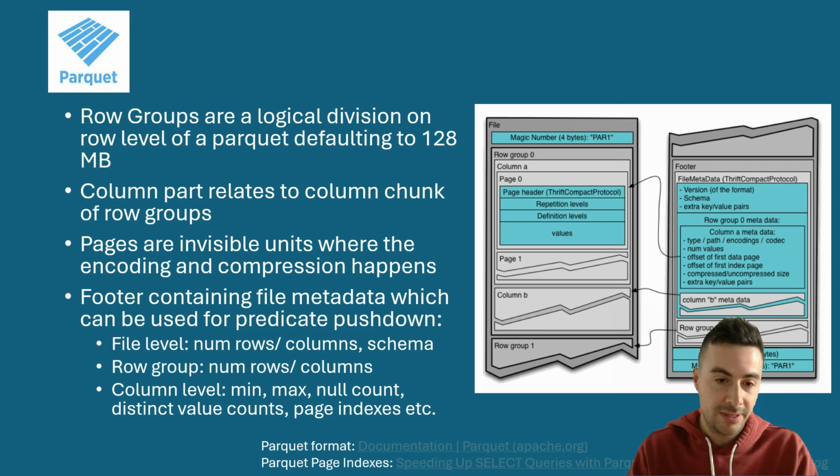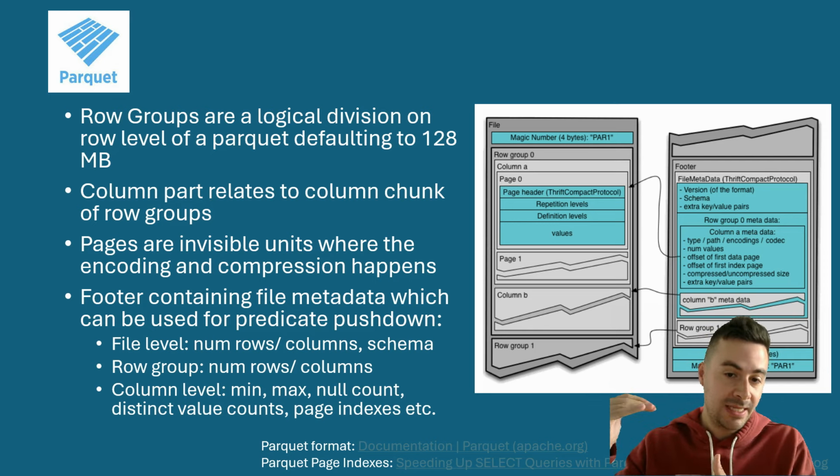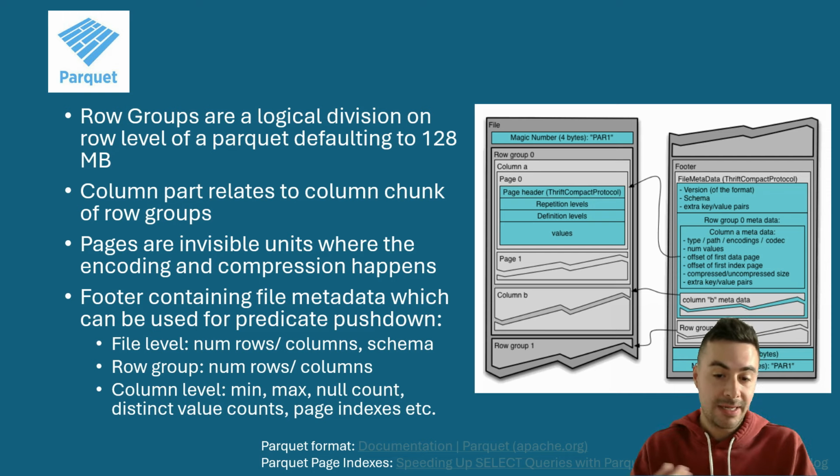I also linked below in the slides a link for that, where you can find more details about the encoding strategies. And then the important thing is we have a footer, which is separated from the main data to be loaded separately and more efficiently. And there we have metadata information. So on the file level, the number of rows, columns, the schema. On the row group, also the number of rows and columns. And on column level, we have things like min, max, null count, the distinct value count, the page indexes.